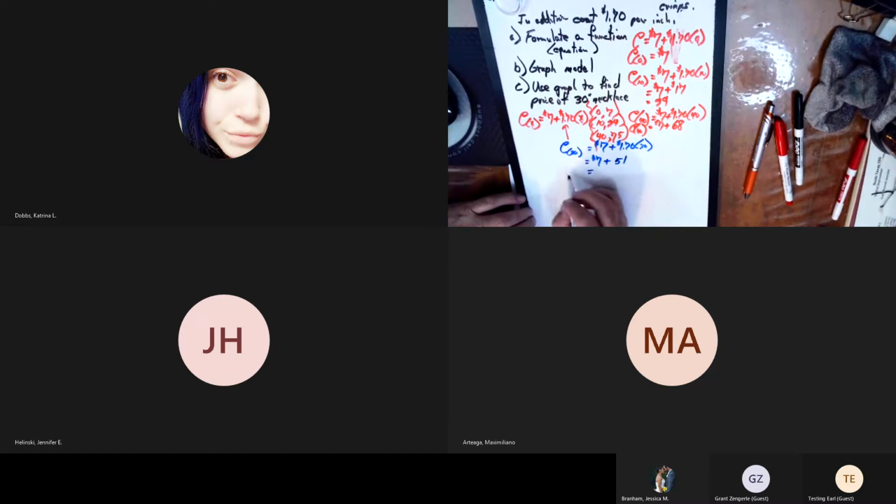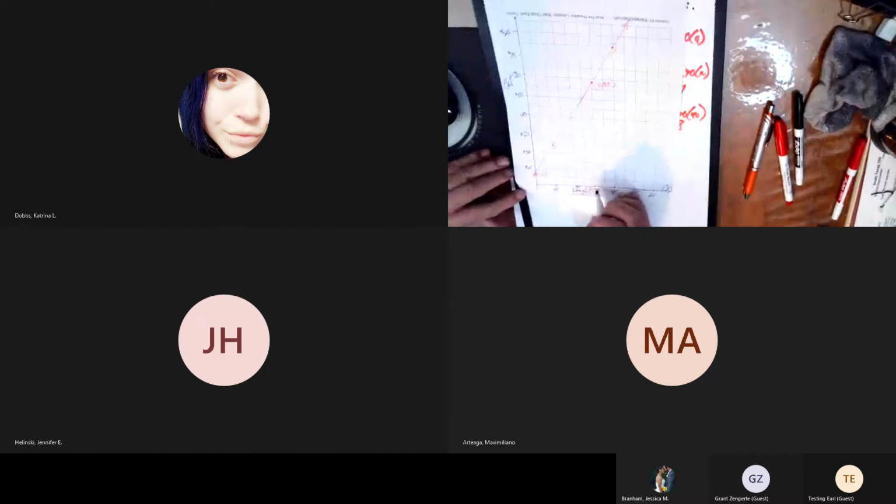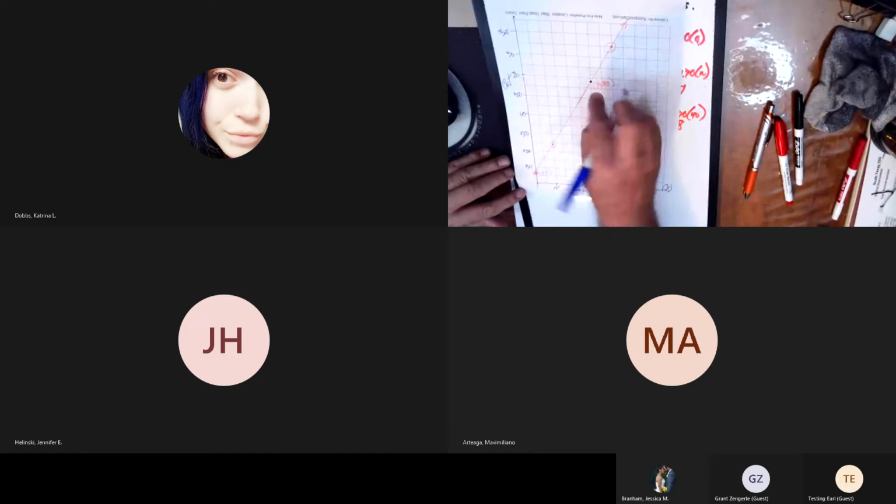And so my cost for a 30-inch necklace is 50 plus 7, $58. And that's exactly what we got on our model. We went to 30 inches, went up and found $58.